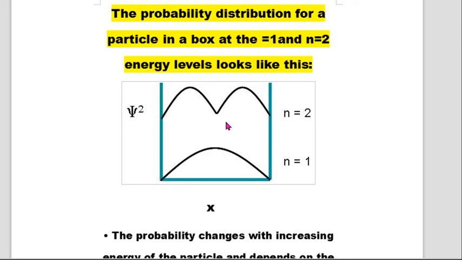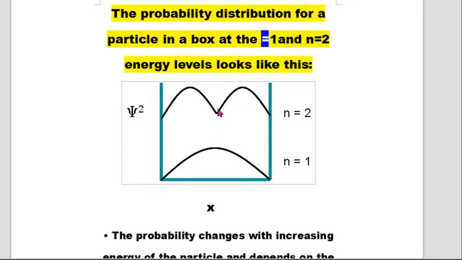But for n equals 2, we see that the psi square value increases, reaches a maximum at L by 4, one-fourth of the length, then decreases to 0 at L by 2, the midpoint, then again increases to another maximum at 3 by 4 L, then decreases to 0 at L. So we have two maximum points, one at L by 4 and the other at 3 by 4 L. And we have a 0 in between the two regions of high probability at L by 2, the midpoint of the box.